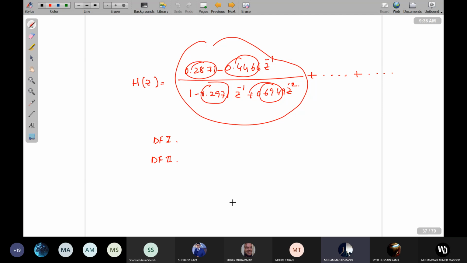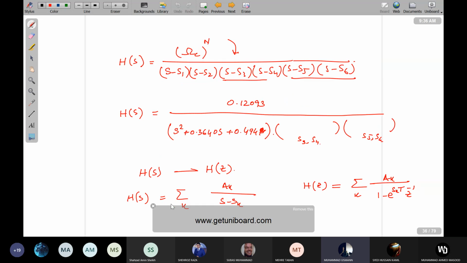सर ये HFZ बनाने वाला step दोबारा बता दें, वो मैं इधर focus नहीं था तो इस वजह से। HFZ वाला ये step है. So every pole, this was the pole S minus SK. So you have two poles in this portion. Just take this one, the general equation, S minus S1. If you have this thing, so you can directly convert from S domain to Z domain by 1 minus SK.